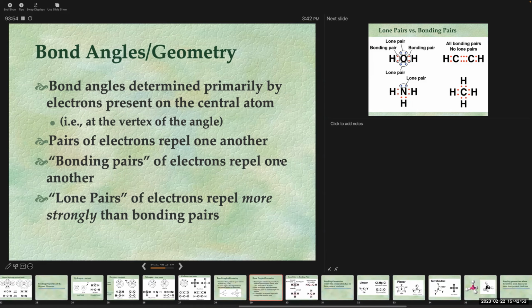Most importantly, the angles that are formed between those bonds are determined not by the atoms out at the ends of the bonds, but the one atom that sits right at the corner, right at the vertex of the angle.